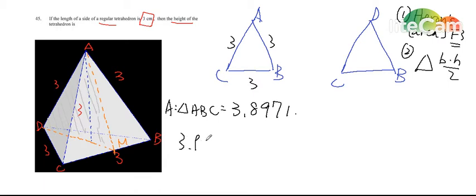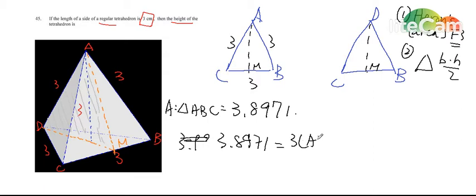And we use the formula to make the comparison. Here, the area is equal to the base, which is CB, 3, multiplied by the height, which is AM, and then over 2. So we can find AM.